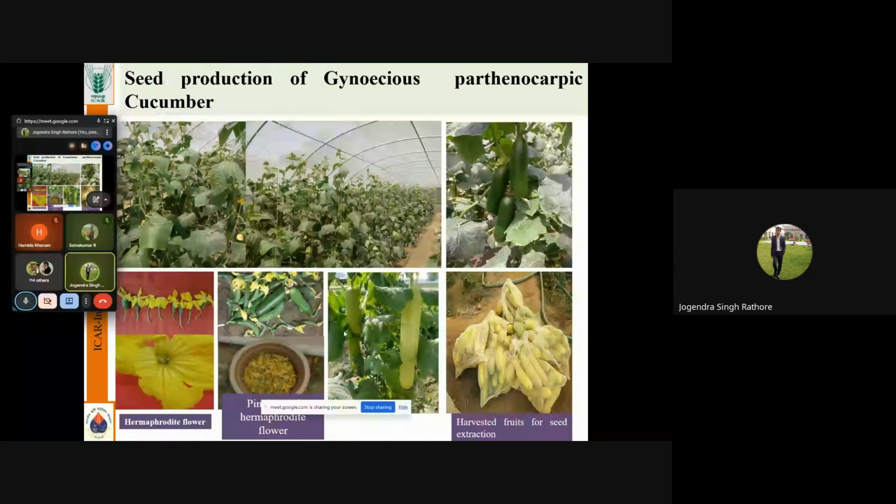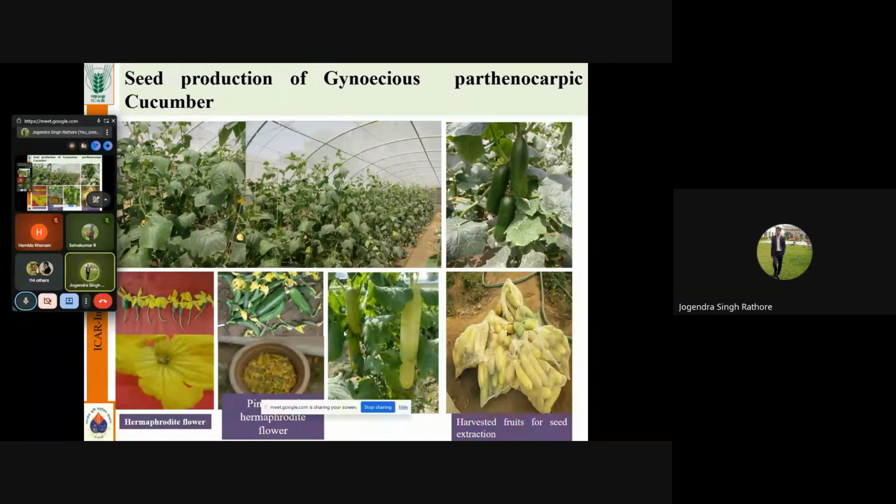So after lodging and at initial vegetative growth, you can go for this silver thiosulfate spray at 30 to 35 days after transplanting, that is before flowering.